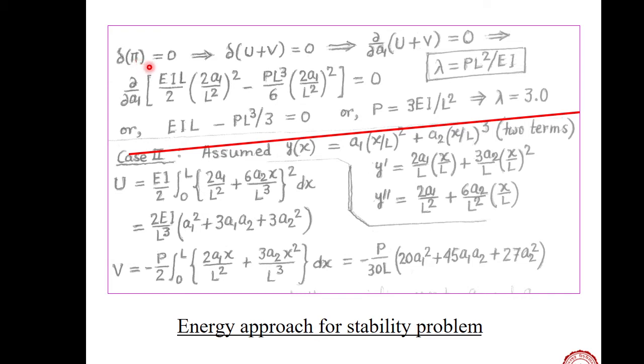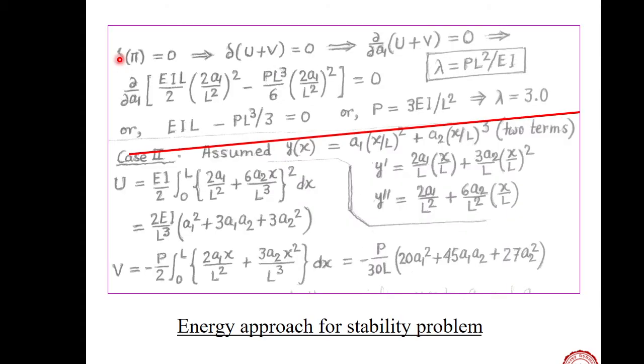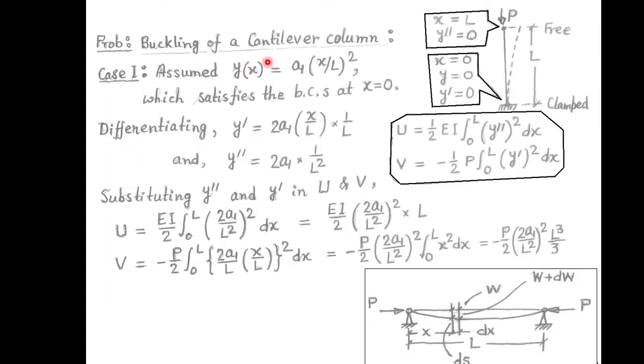Variation of total potential is 0. Now, this variational operator means an arbitrary change, a virtual change in our actual displacement field y.